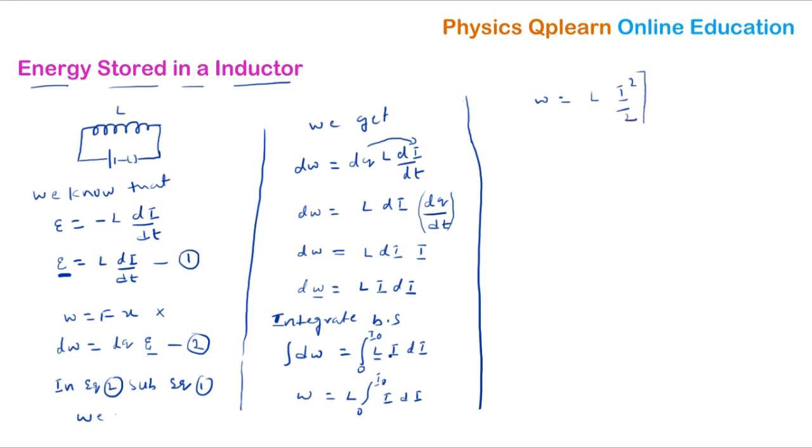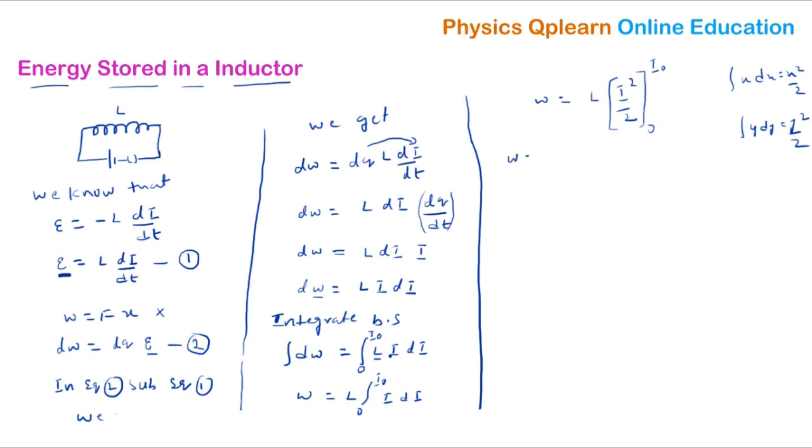I think you know that integration. This is the lower limit, 0, and this is the upper limit, I naught. There is always one formula: integration of x into dx is equal to x square by 2, so y into dy is equal to y square by 2. That formula I applied here.